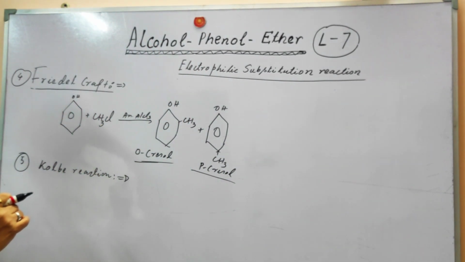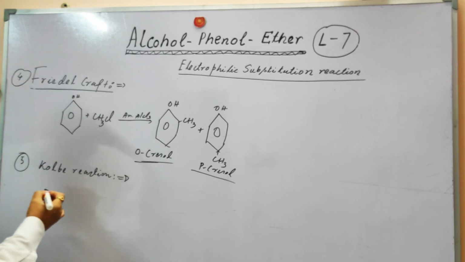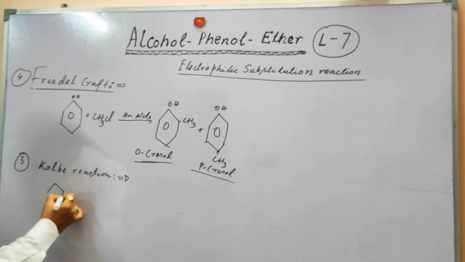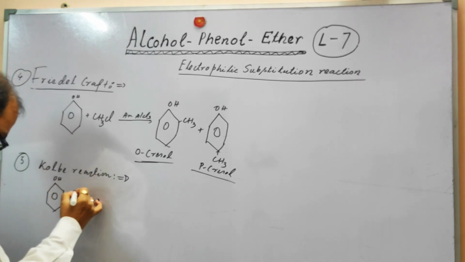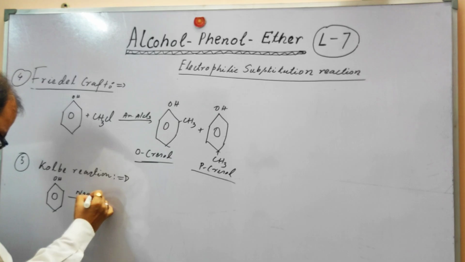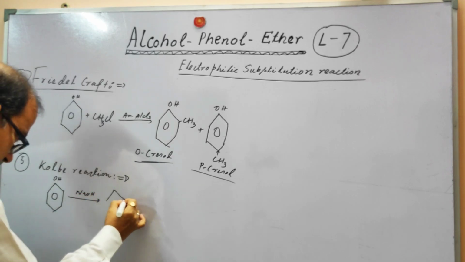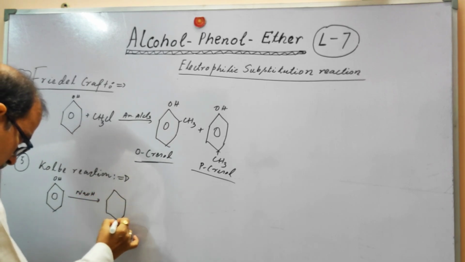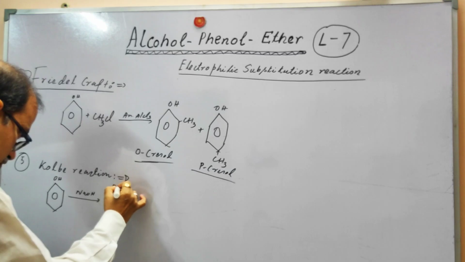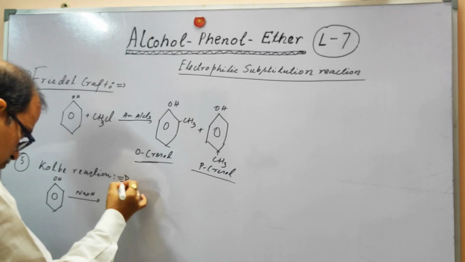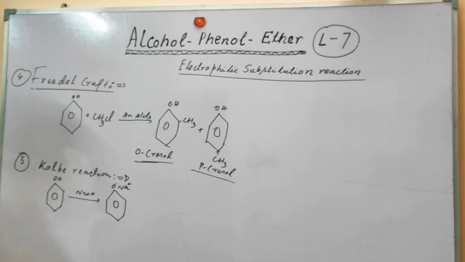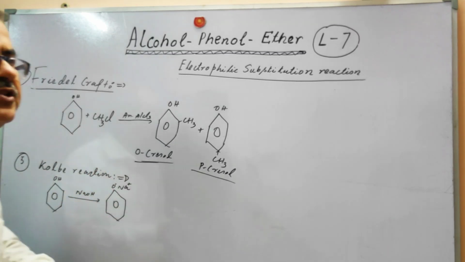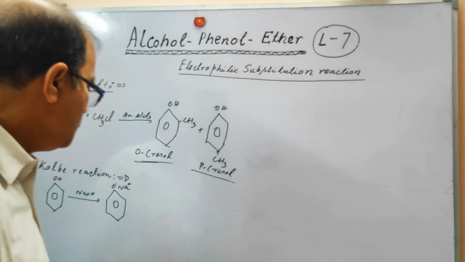In this Kolbe reaction, what is going to happen? The reaction is like this. First, the phenol is reacted with NaOH, and this produces the phenoxide ion, sodium phenoxide. This phenoxide ion is very reactive.